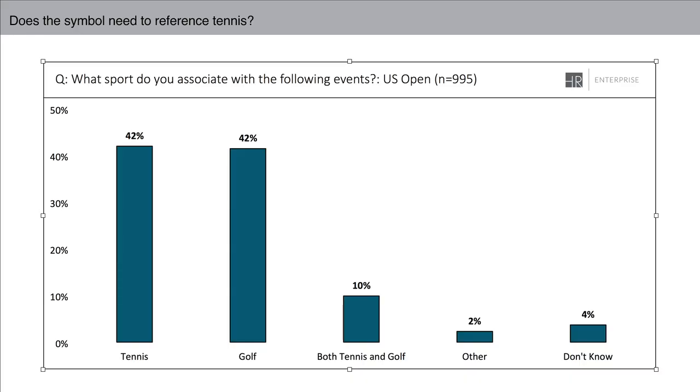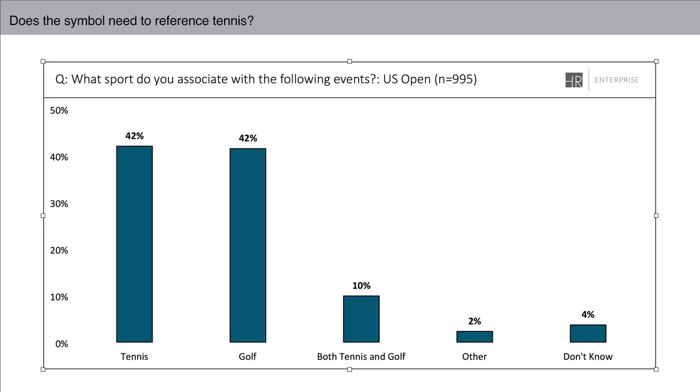For that, we went and conducted research. And we wanted to know what people associated just with the words US Open. So we asked that. 1,000 people were asked, when you hear the words US Open, what do you think about? And the results were very interesting. 42% of people said tennis. But exactly the same number, 42%, said golf. And the rest were confused.